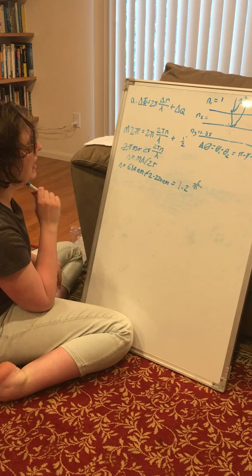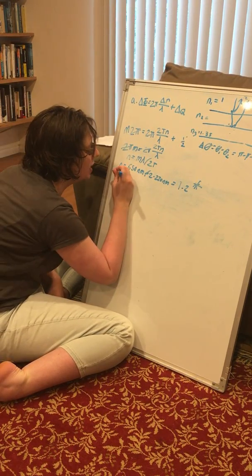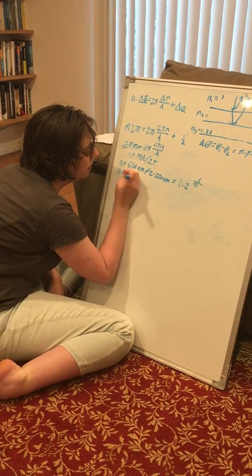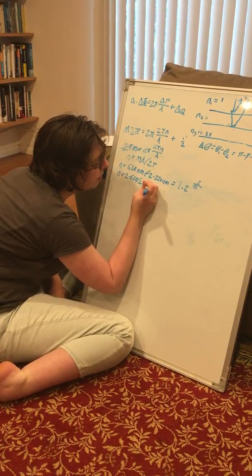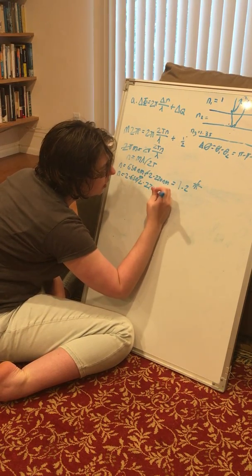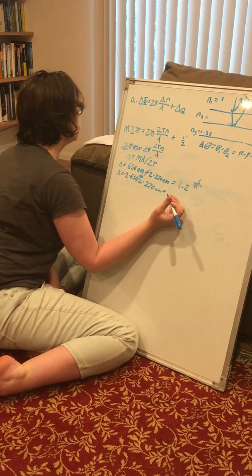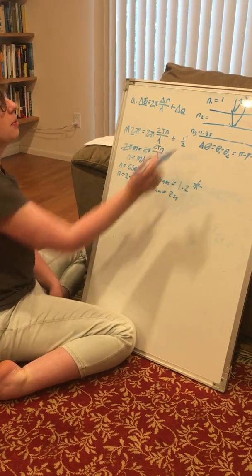Now let's plug in m equals 2 and see if we can find the next value. But that equals 2.4. Now 2.4 is bigger than 1.35.